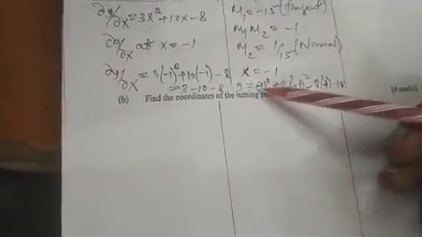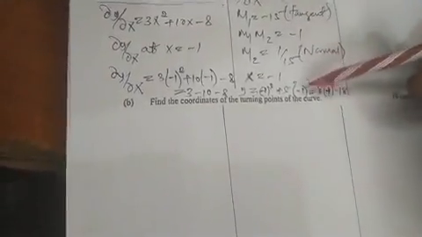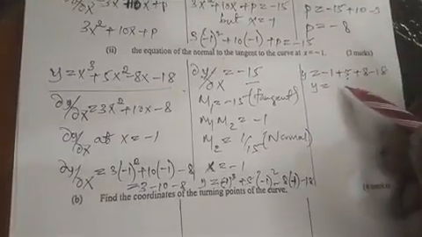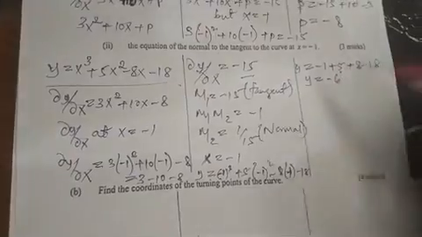Negative 1 cubed gets negative 1, then 5 times negative 1 squared gets plus 5, then minus 8 times negative 1 gets plus 8, then minus 18. So this will be 12 then negative 18, giving negative 6. So your x is negative 1, y is negative 6.